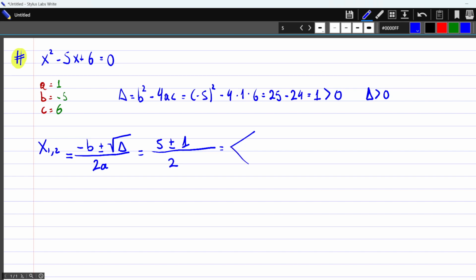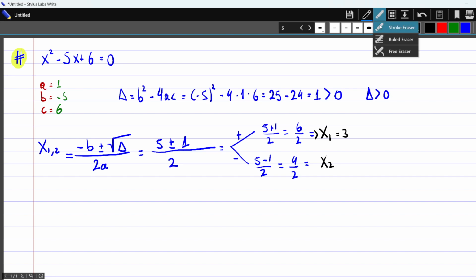So we have two solutions, one with a plus, one with a minus: 5 plus 1 divided by 2, and 5 minus 1 divided by 2, 6 divided by 2, 4 divided by 2, which leaves us with x1 equal to 3 and x2 equal to 2.